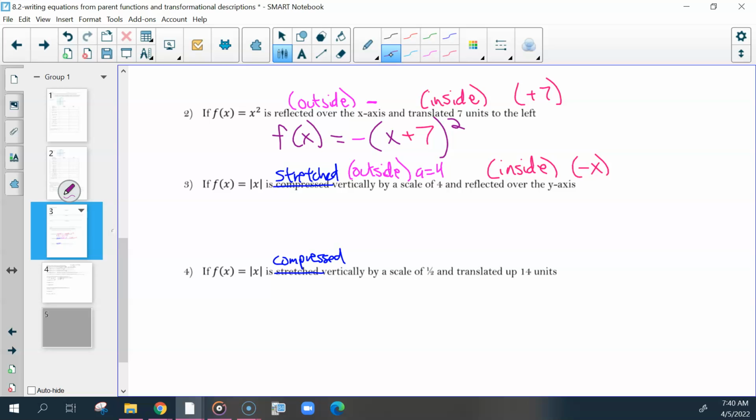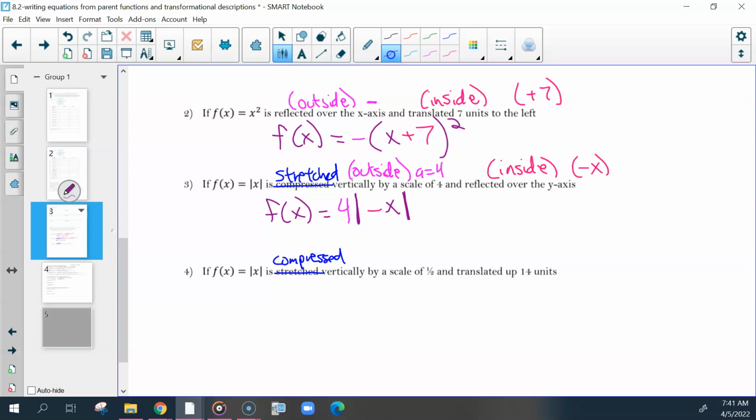So this one, we don't need parentheses. You can still write it down. We have f of x equals, we need 4 on the outside of this. And then negative x on the inside. And it would be written just like that.